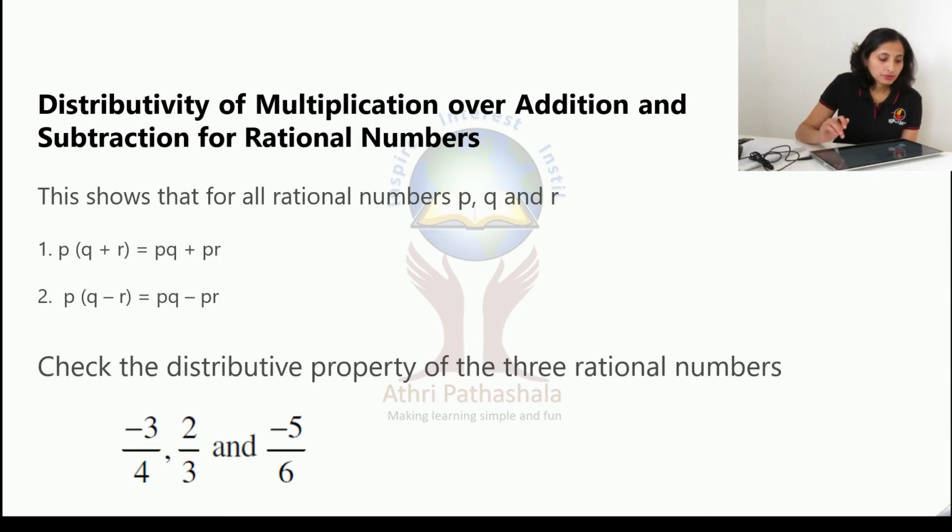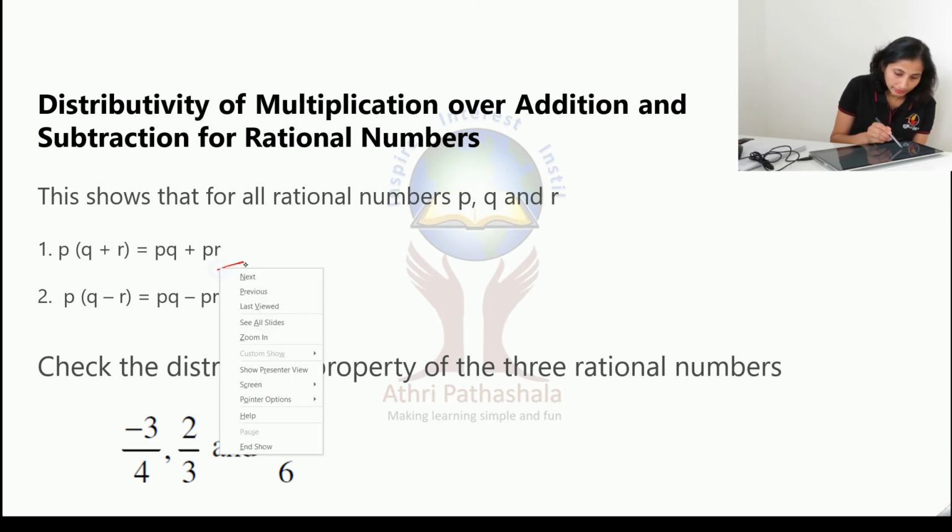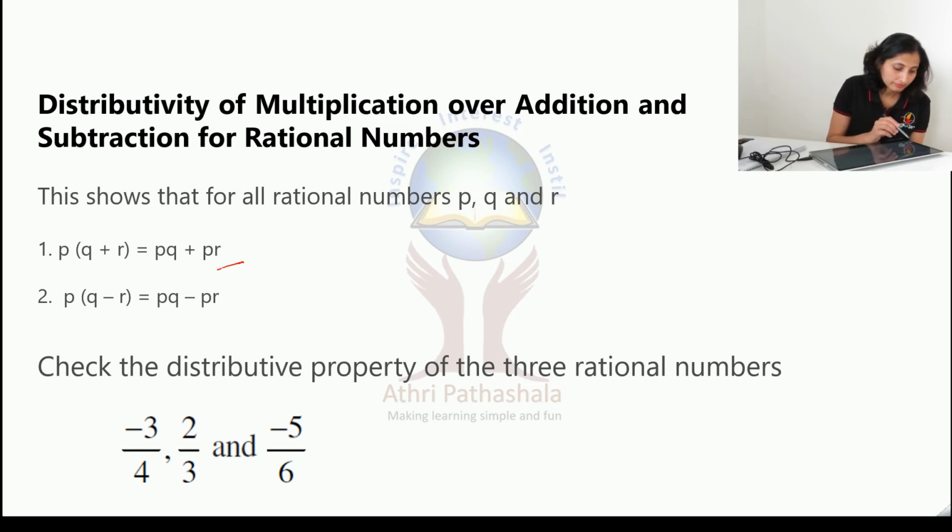Next, distributivity of multiplication over addition and subtraction for rational numbers. So the distributive property: p into (q plus r), which is equal to pq plus pr, is the distributive property of multiplication over addition.